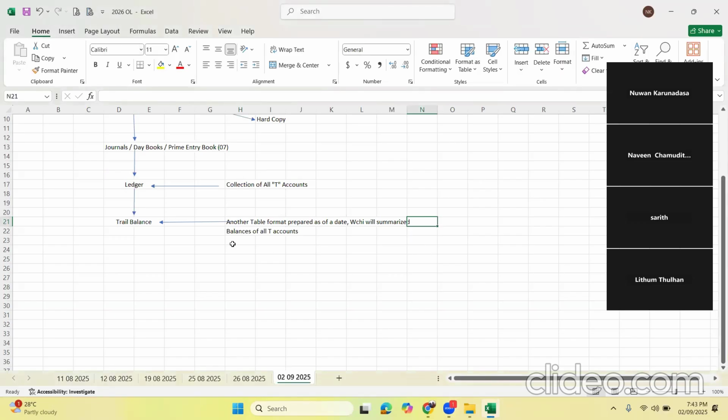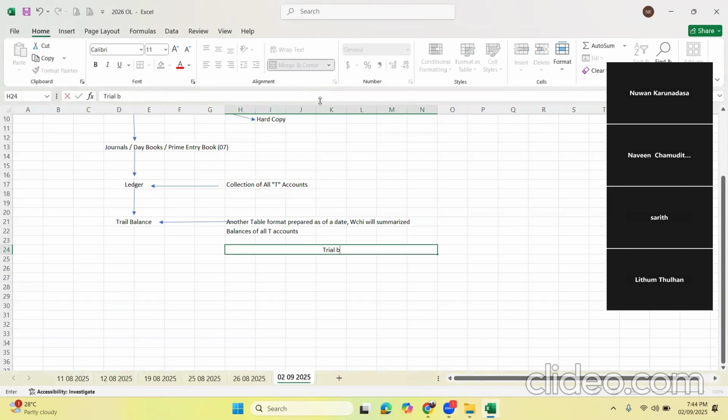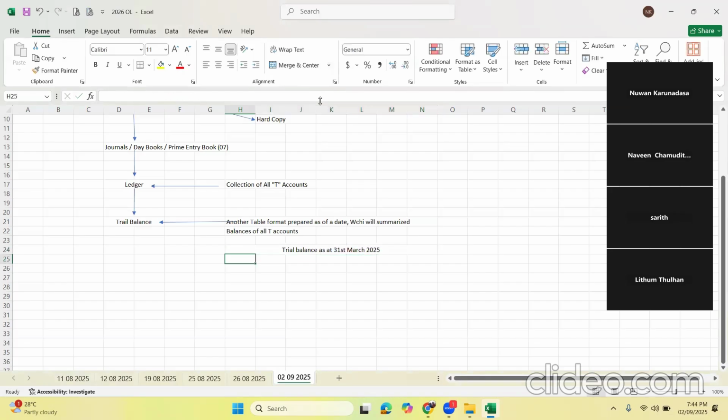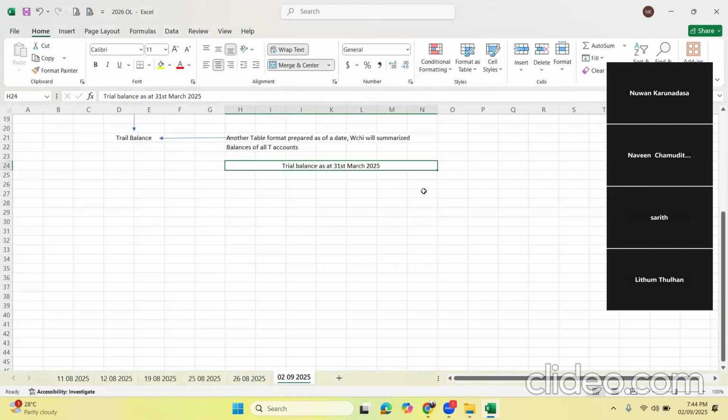If I draw a trial balance for your information, we'll say, for example, this is trial balance as at 31st March 2025. Just look at it. This is one of the formats for the trial balance.